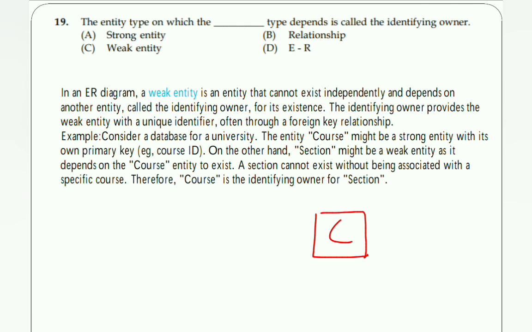On the other hand, section might be a weak entity, which is depending on the course. If the course does not exist, then the section also can't exist. The section is completely dependent on the course. So this is about the 19th question. The answer is weak entity.